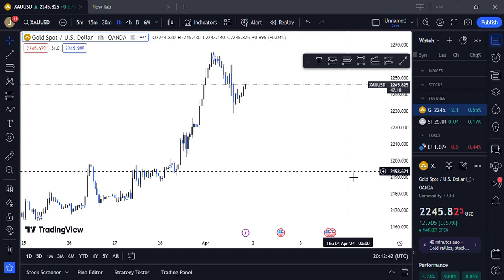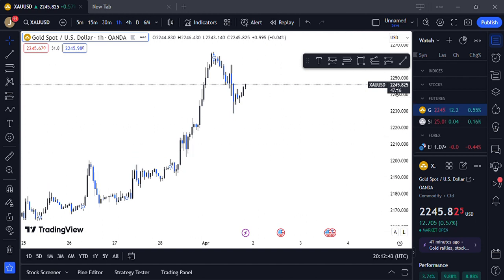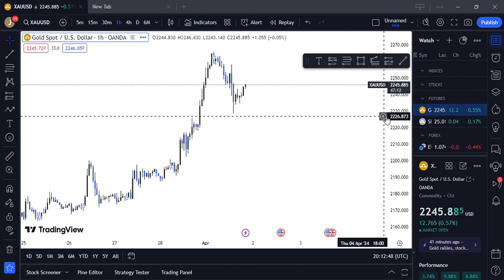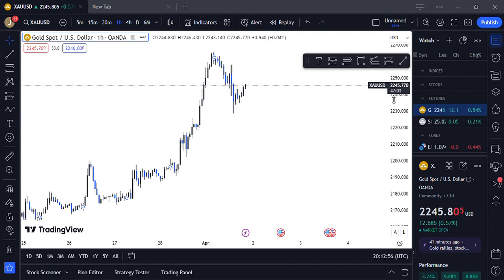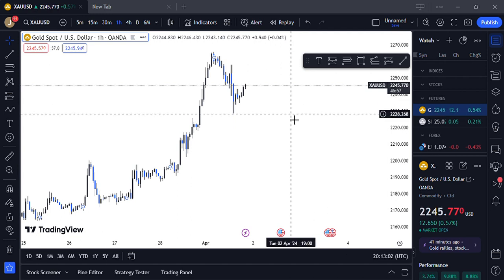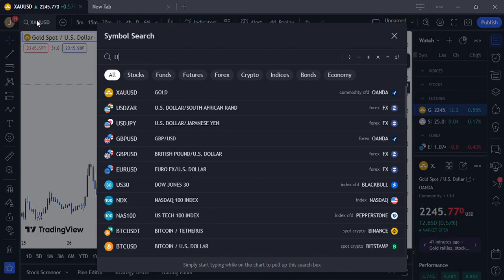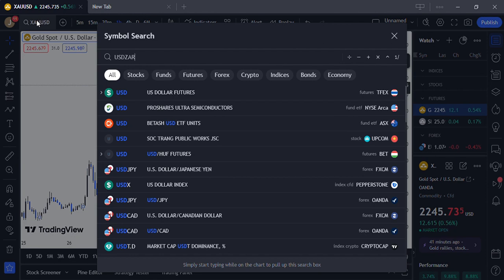You see this price here, we compare it to the second one, which is USD. So we compare XAU to USD. Okay, let's go back to USD ZAR.